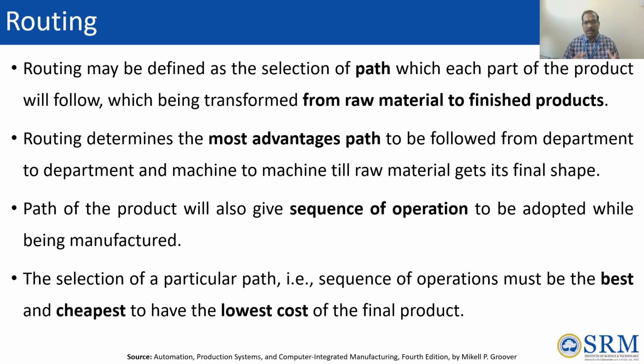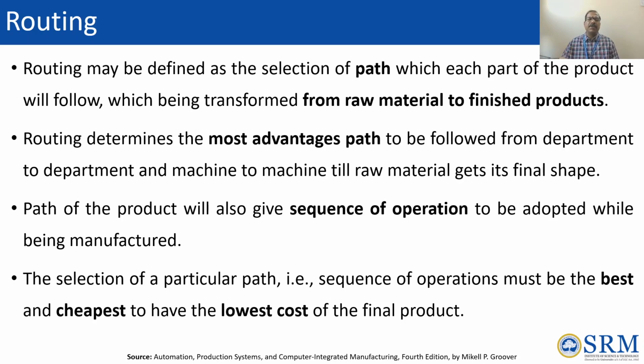And also machine to machine: various machine tools, from the basic lathe machine to drilling machine, grinding machine, assembly machine, injection molding machine, casting equipment, furnace. So many things are there, right?